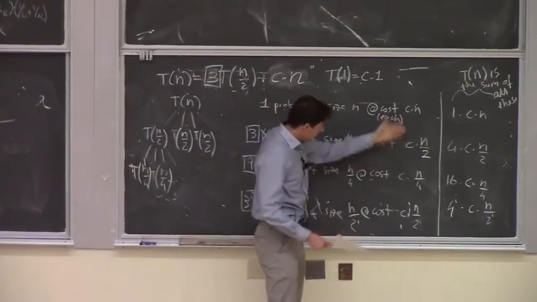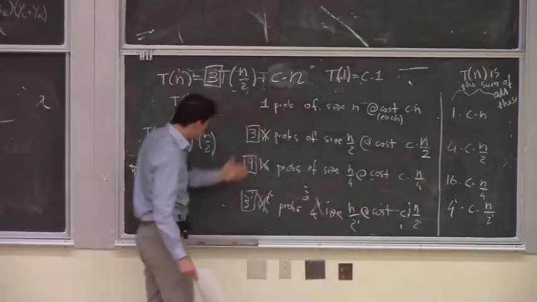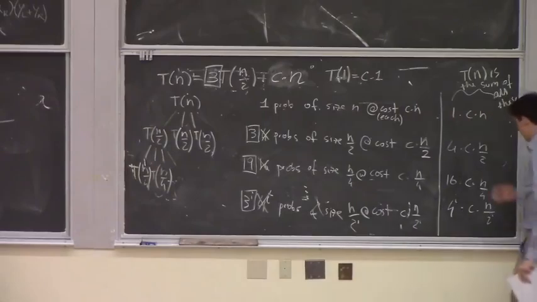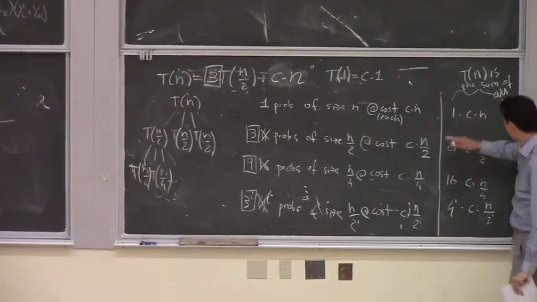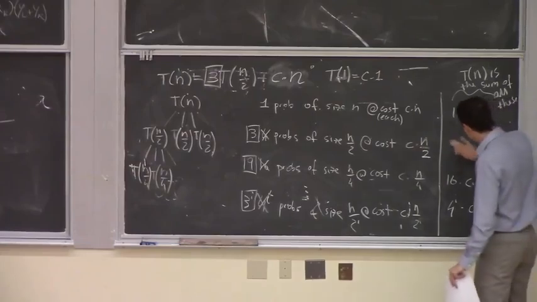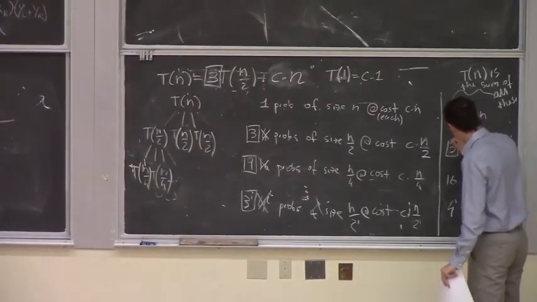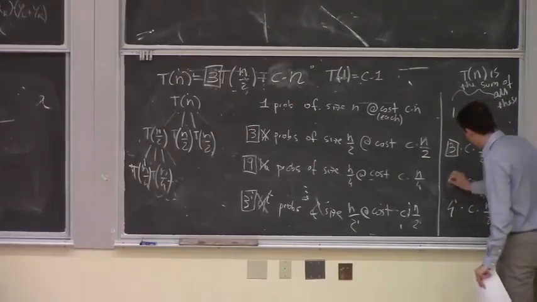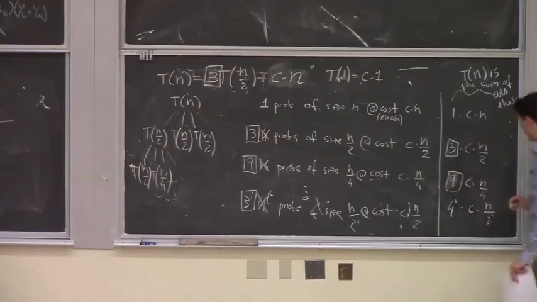Anyway, so nothing here changes. Now, of course, we have fewer problems. So when I account for everything here, my expression changes, right? So instead of having 4 times Cn over 2, I will have 3 times Cn over 2. Here I will have 9 times Cn over 4.